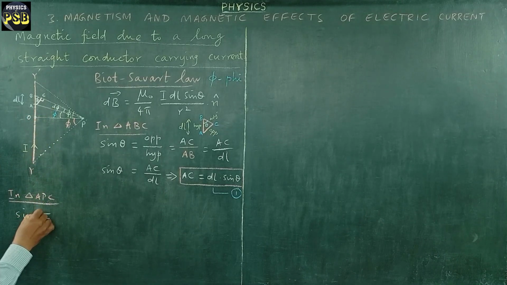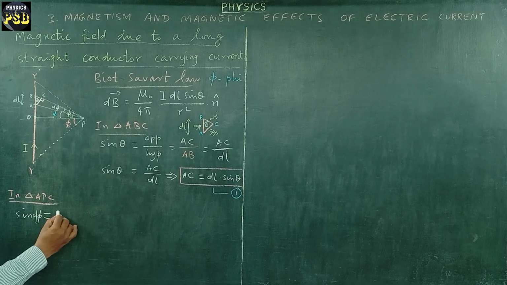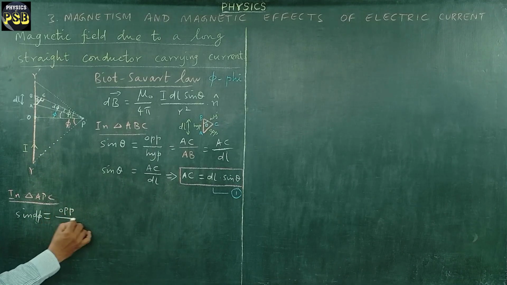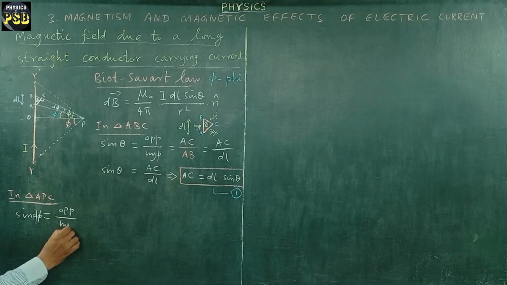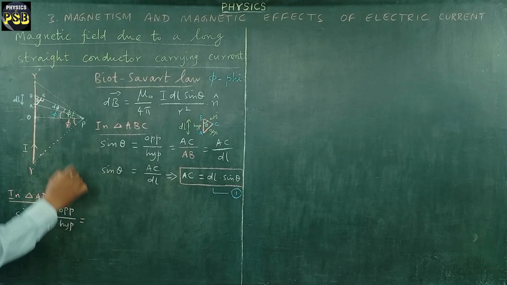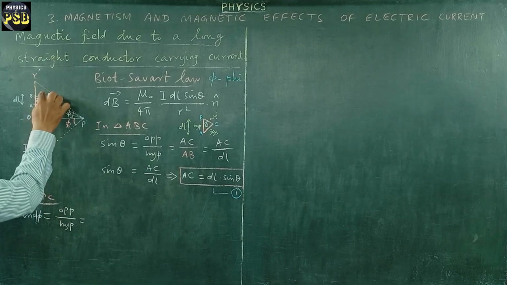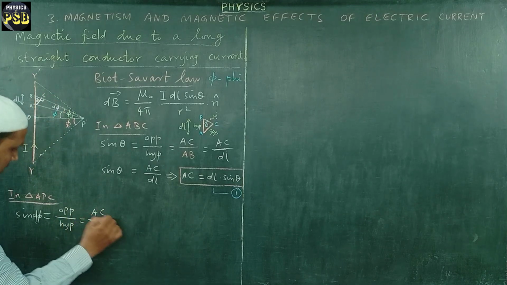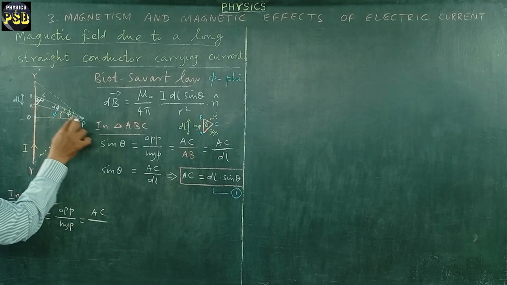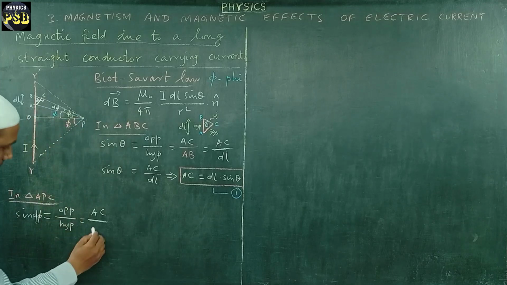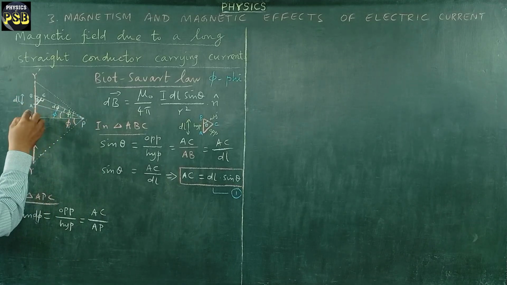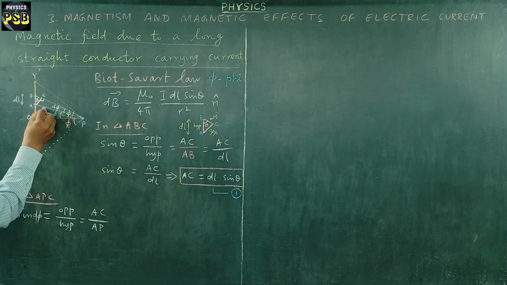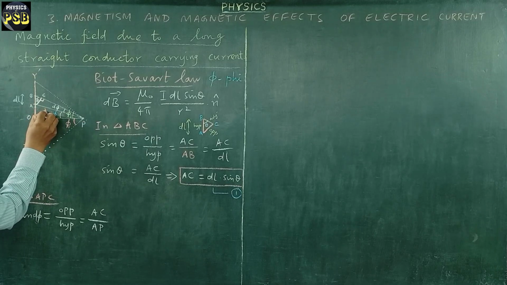Sin of d phi is opposite side divided by hypotenuse. The opposite side is AC, and the hypotenuse is AP. Here I forgot to mention that AP, the distance between A and P, is taken as r.